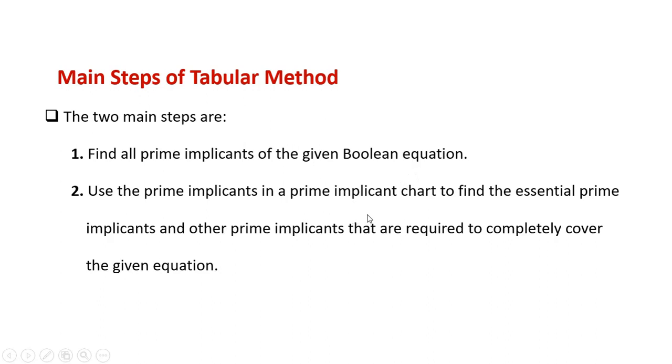We form a chart using all the prime implicants we got from step 1, and then we find the essential prime implicants and the other prime implicants that are required to completely cover the given equation. So first we get all the prime implicants, then we find the essential prime implicants, and along with those we use the other prime implicants required to cover the remaining minterms which are not covered by the essential prime implicants.